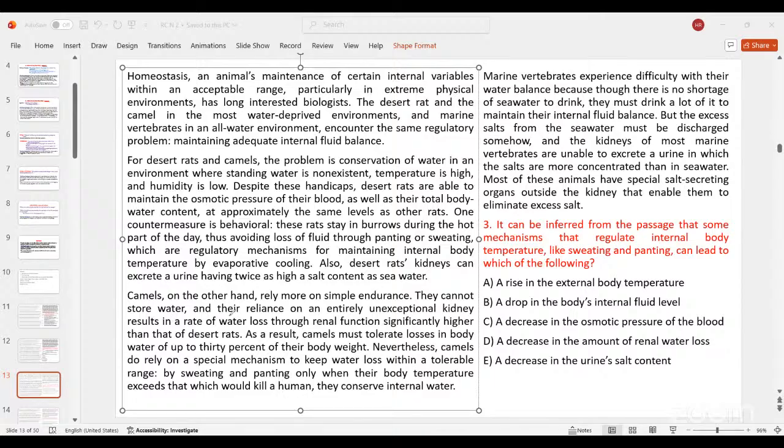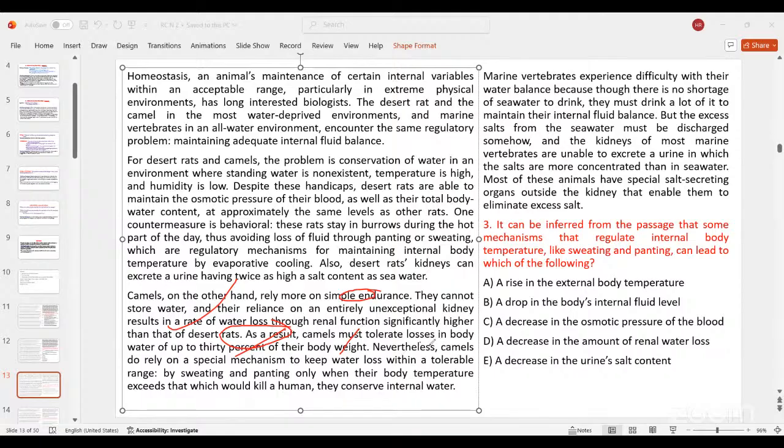They cannot store water, right? And therefore they endure. And reliance on the entirely exceptional kidney results in a rate of water loss through and so on. As a result, because they cannot store, they have to rely. Therefore, camels must tolerate losses in body water of up to 30% of their body weight.